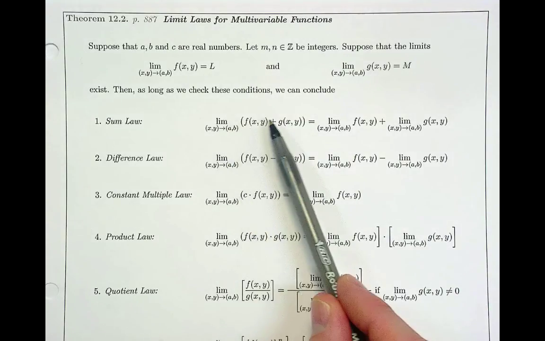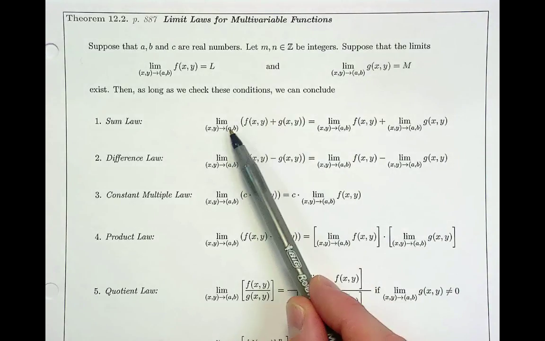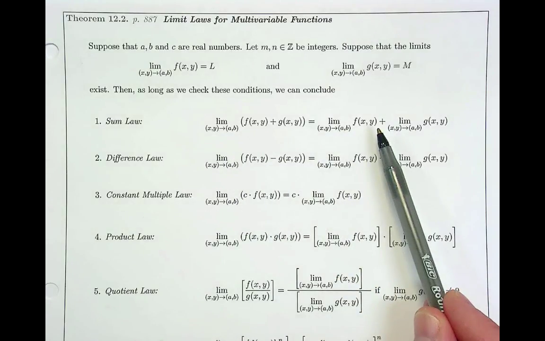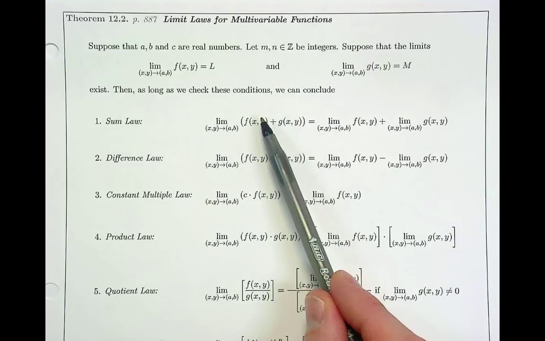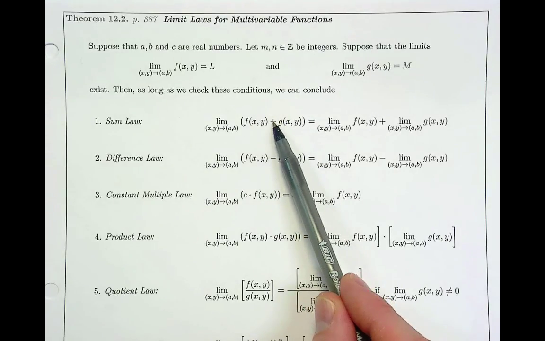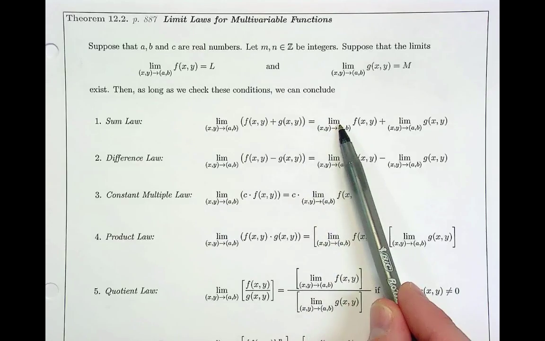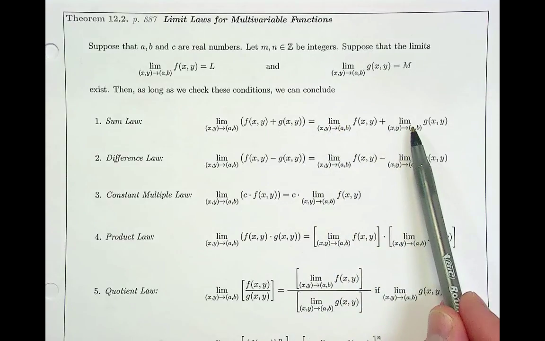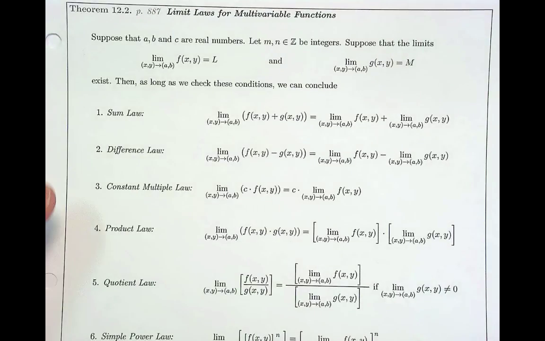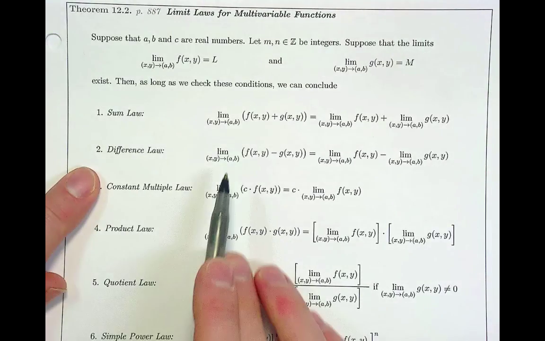The limit of a sum of these functions as x y approaches a b is equal to the sum of the limits of these functions. So if the individual functions have limits and you sum them up, then you can take the limit of each function outside the sum and then just sum the limiting values. The same thing is true for the difference law.